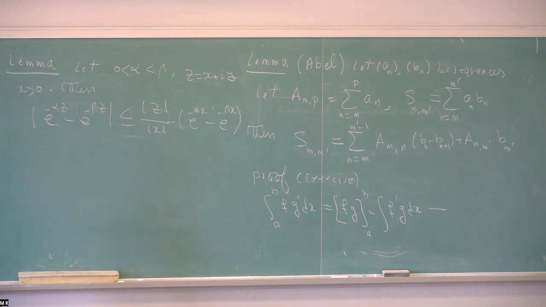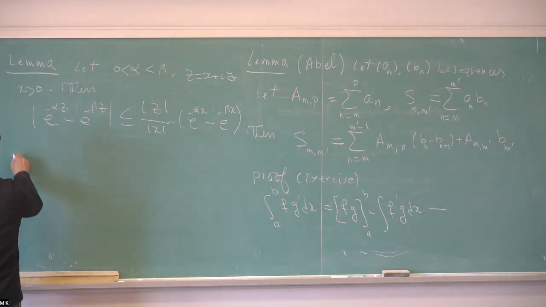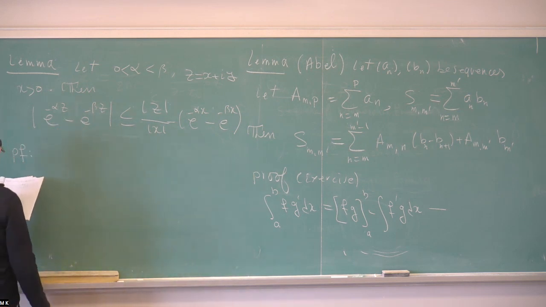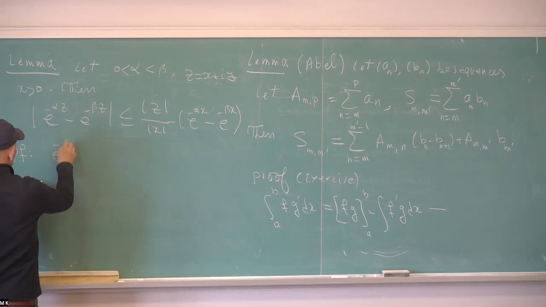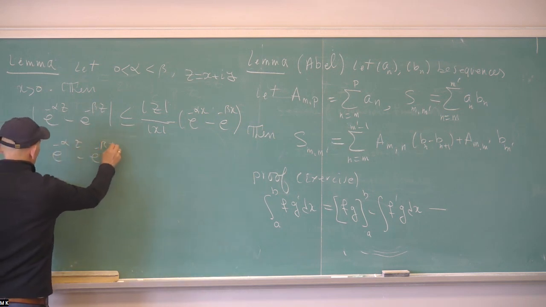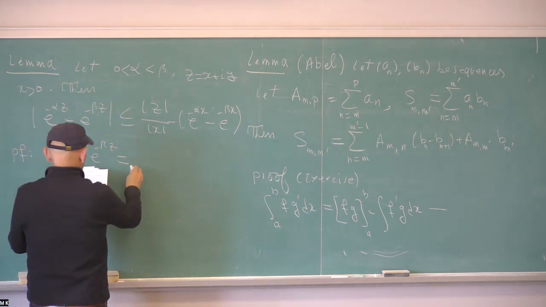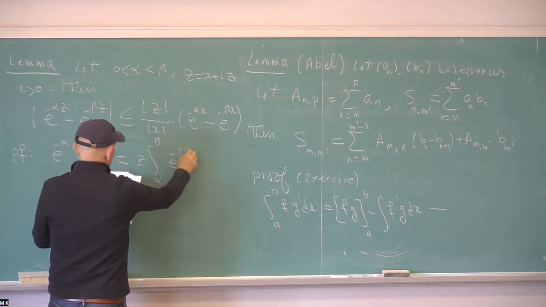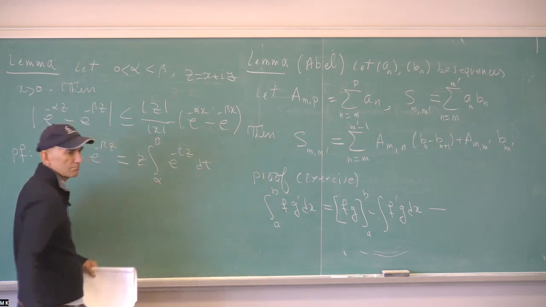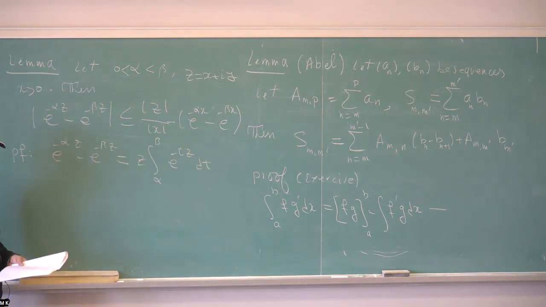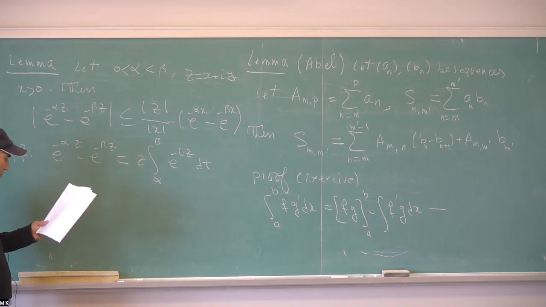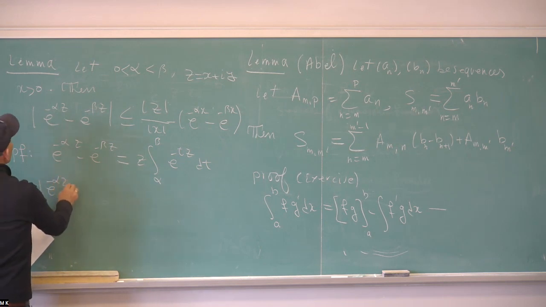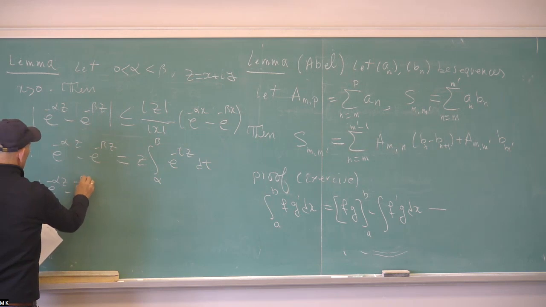times e to the minus alpha x minus e to the minus beta x. Yeah, that's an inequality. So the proof, the only thing that you have to use is how to write this as an integral again. So basically, you have to notice that e to the minus alpha z minus e to the minus beta z is equal to z times an integral. Just write it as an integral from alpha to beta of e to the minus tz dt. It's just this integral. Okay, so then we want to estimate the absolute value of e to the minus alpha z minus e to the minus beta z.